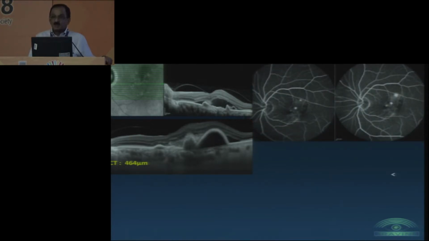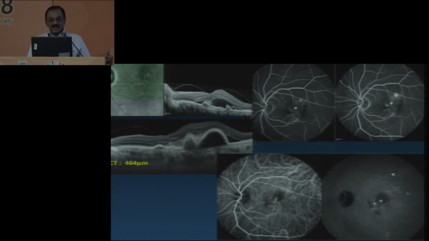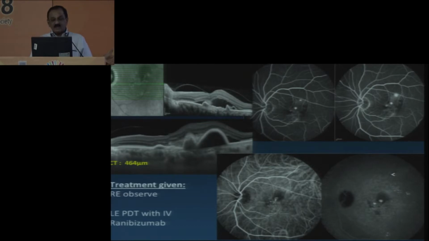Fluorescein angiogram shows hyperfluorescence here. What is this leak called? Ink blot leak. So it means there is a serous CSR. Again with a thickened choroid, and an ICG showing a hyperfluorescence suggestive of a PCV.